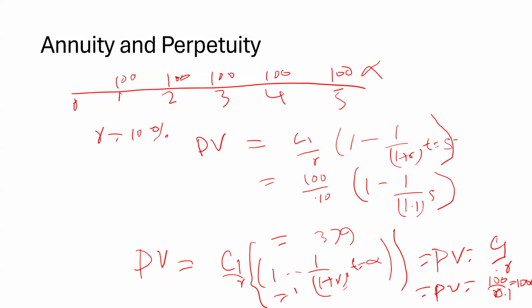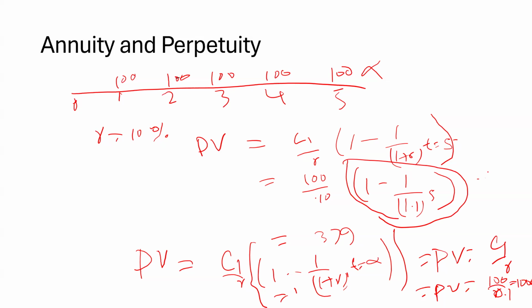So you can see the difference between annuity and perpetuity. Annuity is also constant cash flow, but you know the number of cash flows. And the effect of annuity is here. So this part, you can see, is 1,000. But the effect of annuity is here. This adjusts the effect of annuity. So this part was 0.379, and that's why it was 379.